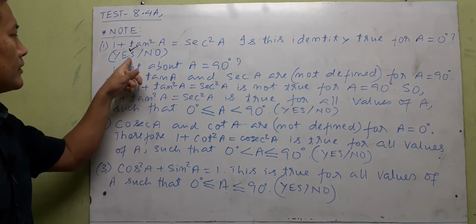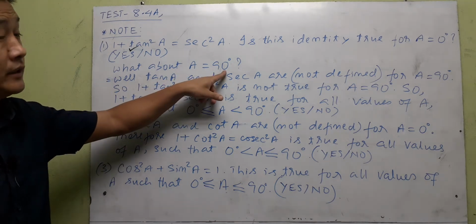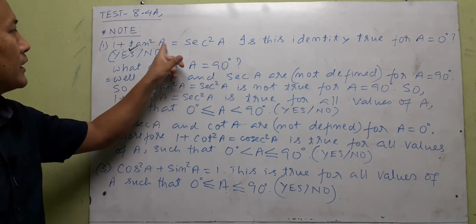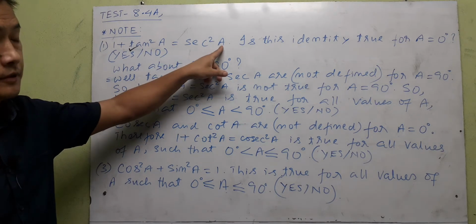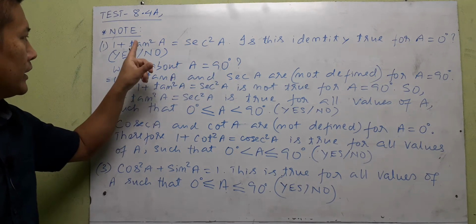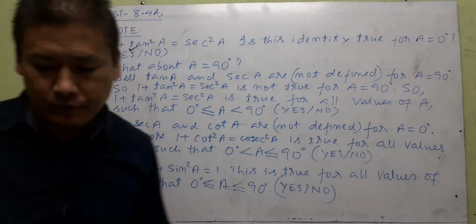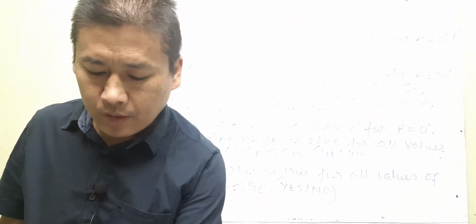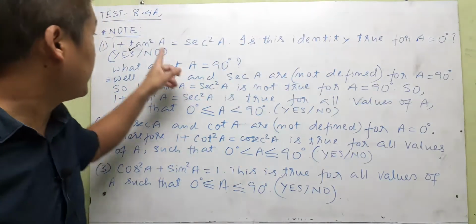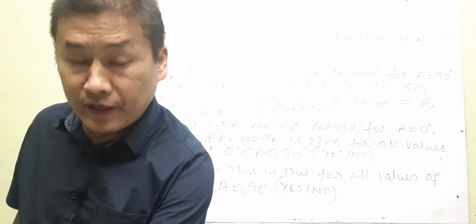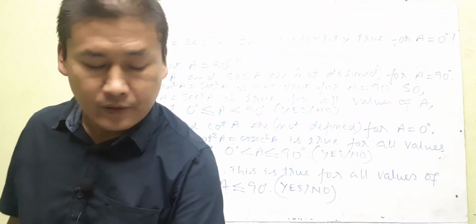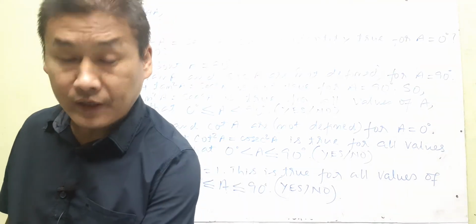So it's yes. Now what about a equal to 90 degree? Suppose a becomes 90 degree in this 1 plus tan square a equal to sec square a. Then let us look there, page 193. Tan a there. If it is 90, then tan 90 there is not defined, right? And then sec 90 is also not defined.